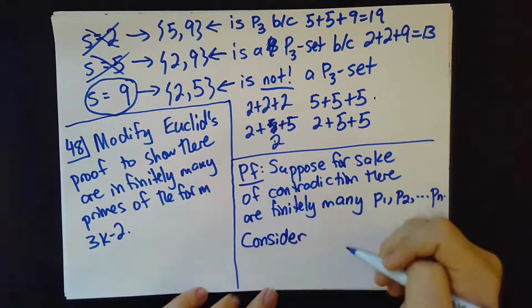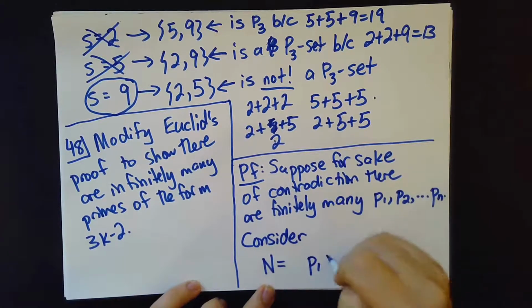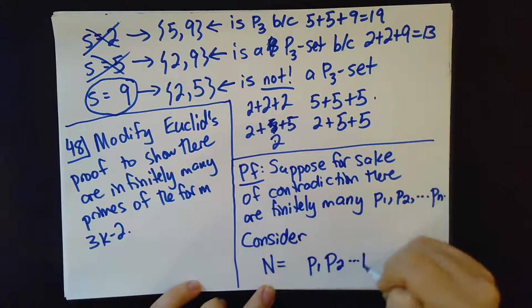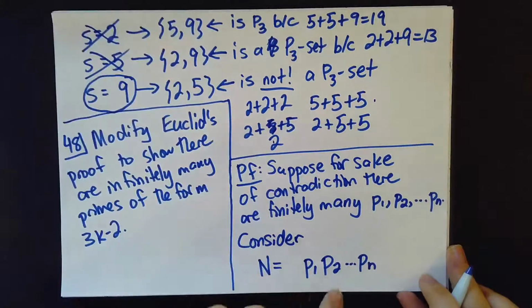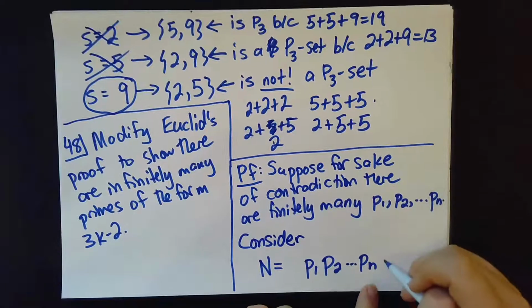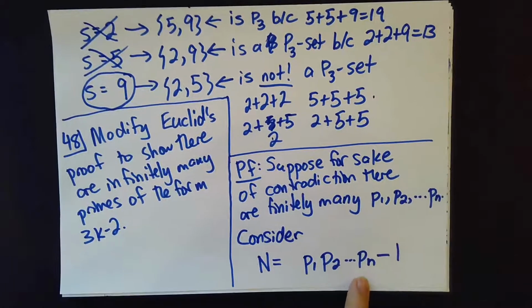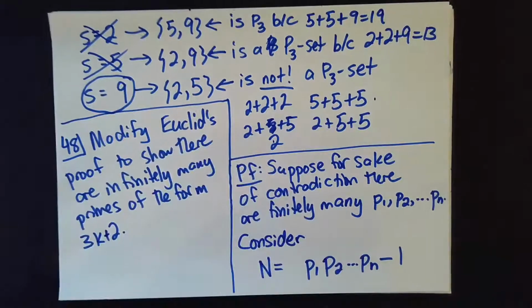So the thing I want to consider is the number n. And so the thing I told you in the video is that unlike Euclid's proof, where Euclid added 1 here, you specifically want to subtract 1 here. Sorry, plus 2. Not minus 2. That will help.